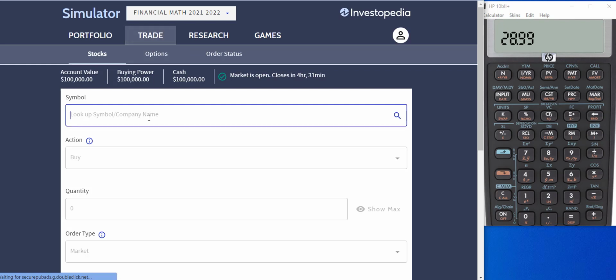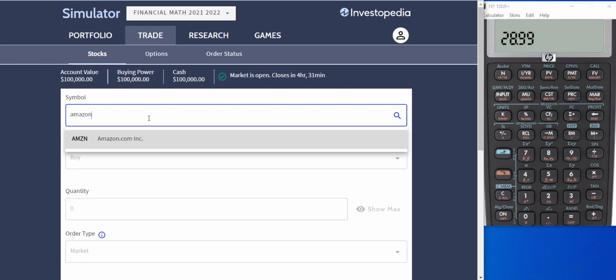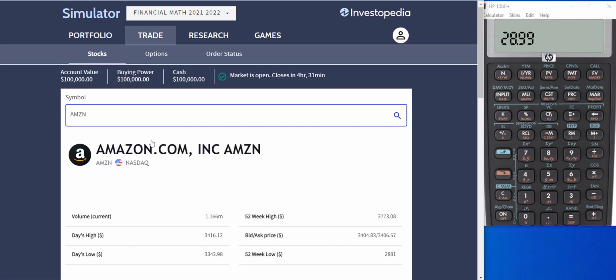look up another company. I'm just looking to see what's happening with Amazon today. So this time I decided I wasn't going to go with the tickers. I just typed Amazon. And Amazon is looking pretty high. The 52-week high was 3,773.